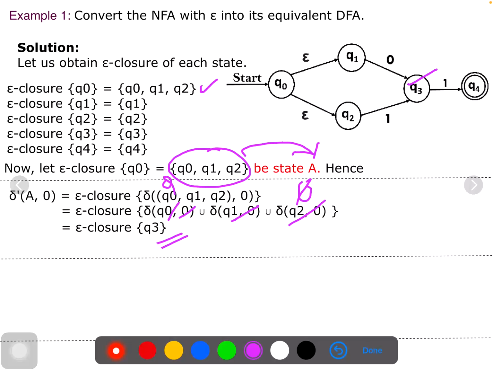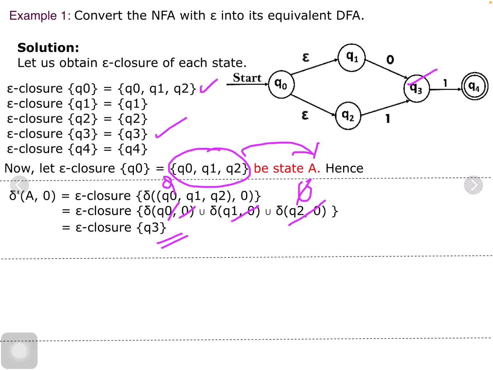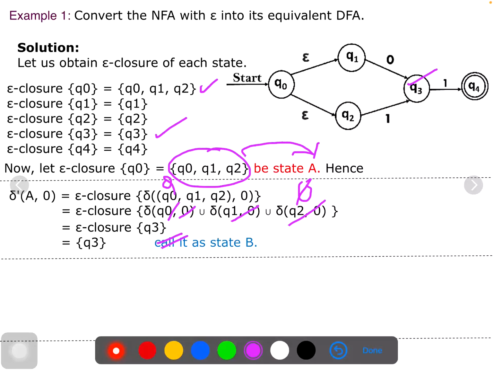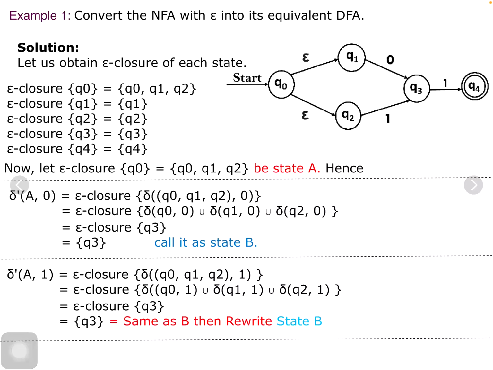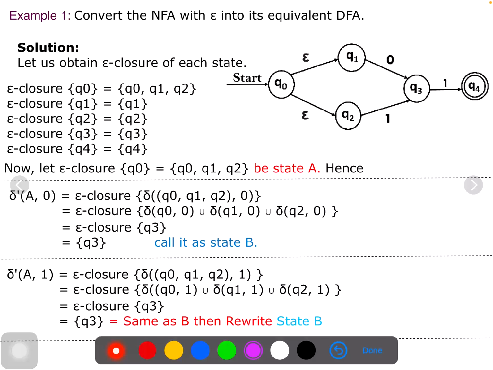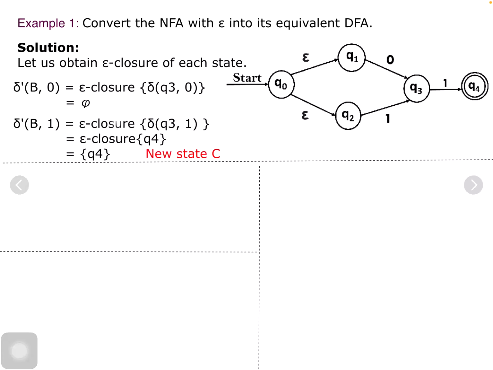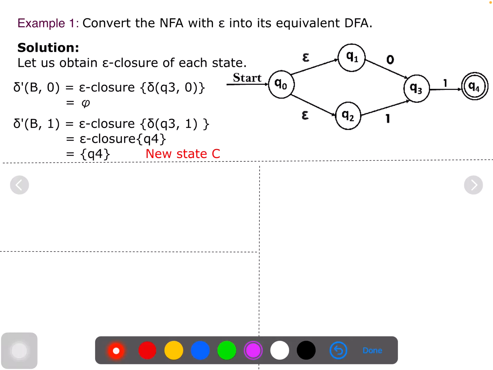E closure of Q3 is Q3, which is a new state, so you label it. Now what is the next new state? A on 1, similarly you split, and you get Q3, which is the same as B, so relabel it. Now B comma 0, E closure of Q3 comma 0: there is no transition, so it is phi.